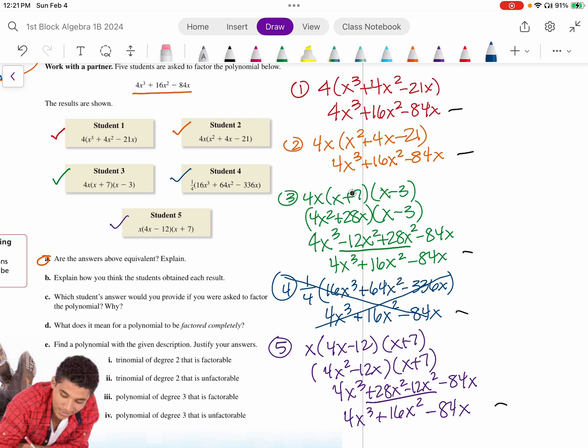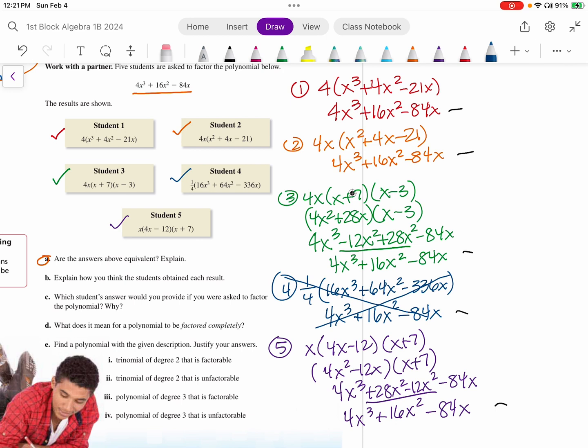I noticed that students 1 and 2 factored out one common factor and left a trinomial, whereas students 3 and 5 factored out a common factor and then factored their trinomials into two binomials.